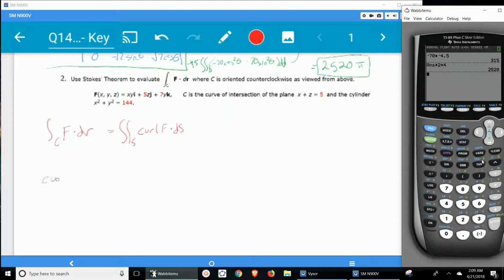So curl of f is defined to be del cross f.